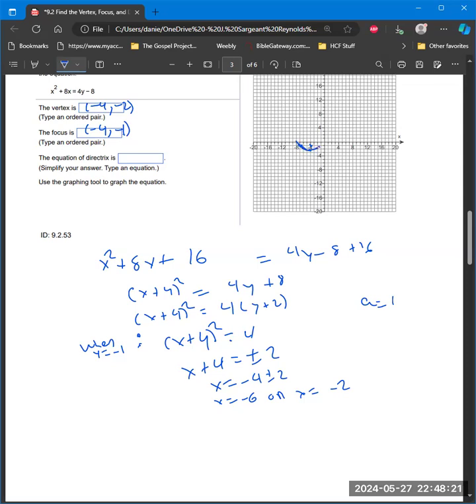We should be opening up like this. All right. And then the directrix is going to be 1 below. So that's going to be y equals -3.